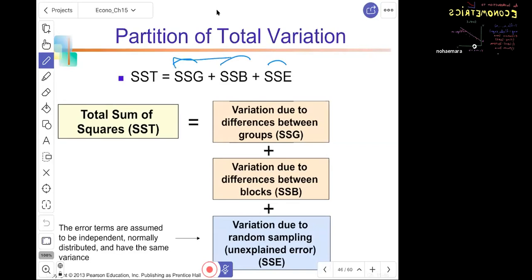These two are explained because they are coming from my estimation. I do have some measures from them because I do have the sample, but I always have a certain number coming from the error term, and we call it the unexplained.